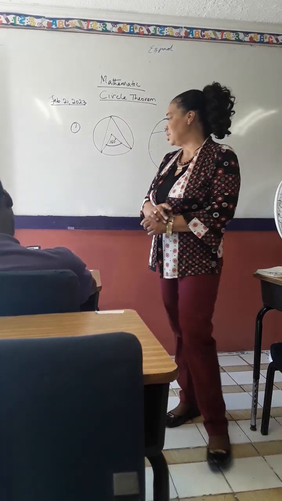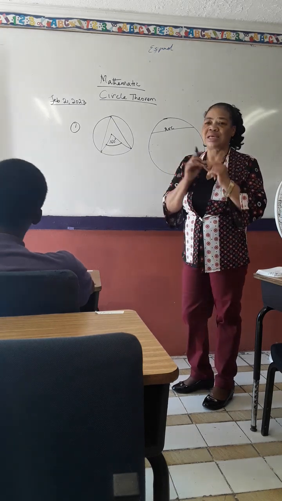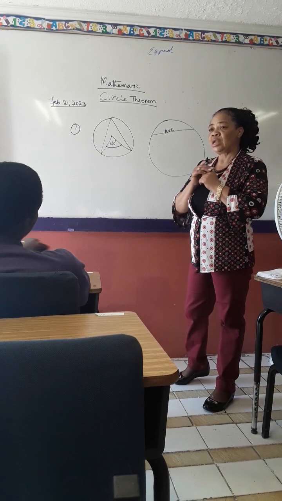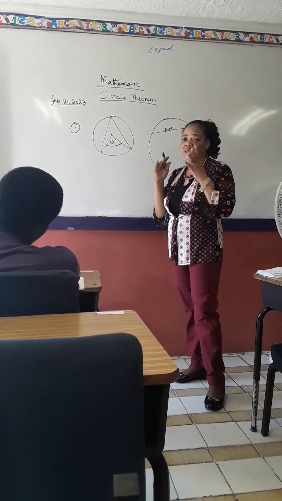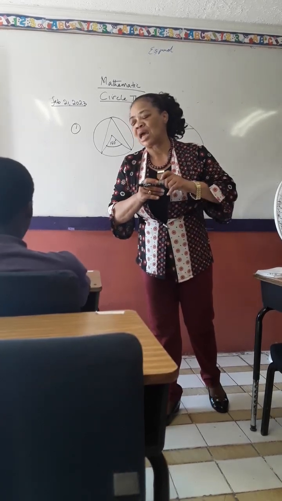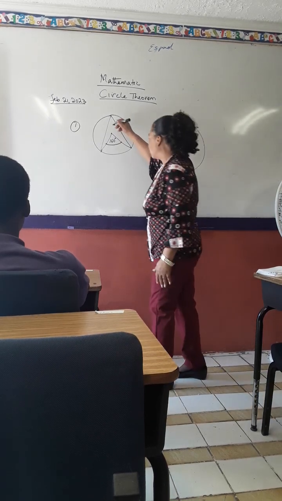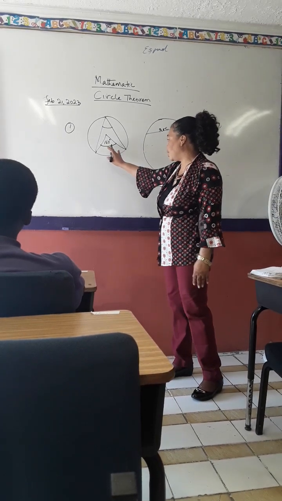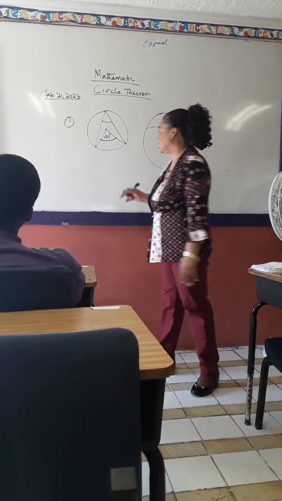And the rule says that the angle subtended from the center of the circle to any point on the circumference is half. The angle at the center is twice as much as the angle that is subtended. So, if this is 160, this angle is going to be 80 degrees.